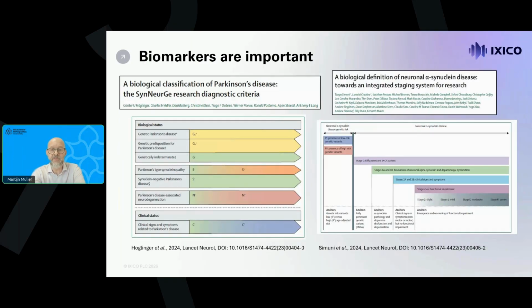This need for biomarkers has been recognized by both the academic community and global health regulators. Biomarkers can improve selection, reduce variability, provide evidence of target engagement, and potentially offer earlier indications of efficacy.